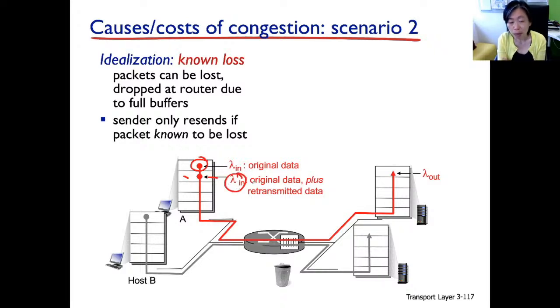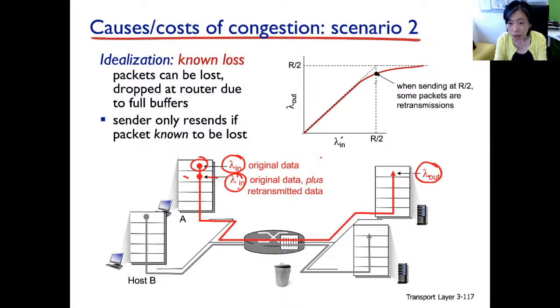So lambda in prime, the output rate at the transport layer, is definitely going to be higher than the output rate at the application layer. Now the output rate at the application layer for TCP is going to give you the same thing at the receiver end. Therefore, you see lambda in prime versus lambda out: lambda in prime is higher than lambda out. So in the end, even though lambda in reaches its capacity, half of R, we don't get exactly half of R out here, because some of this half of R is going to be used for retransmission.